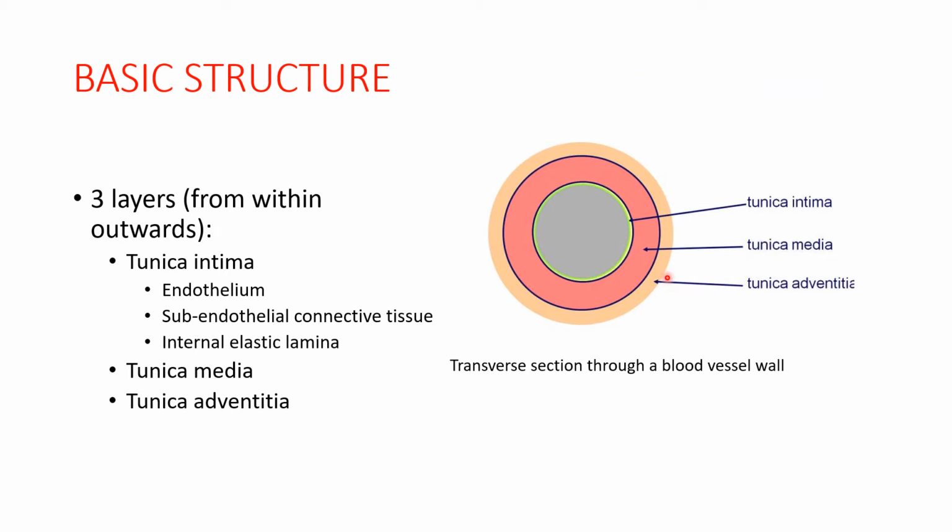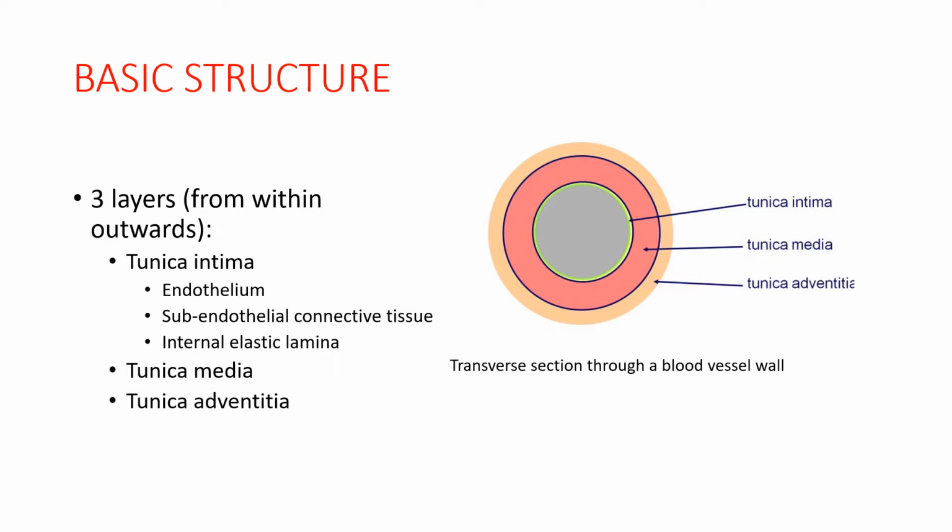The whole of the circulatory system has a common basic structure. The three basic layers from inside to outside are the tunica intima, tunica media, and the outermost tunica adventitia. The tunica intima further comprises three layers: the endothelium, subendothelial connective tissue, and internal elastic lamina.